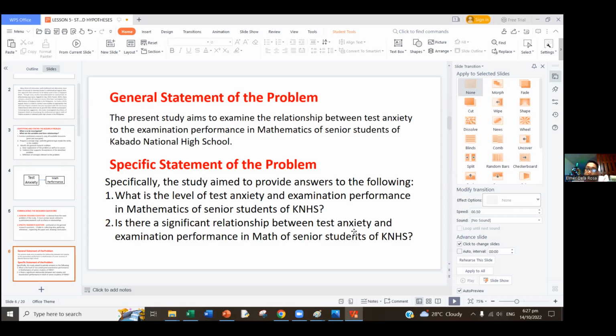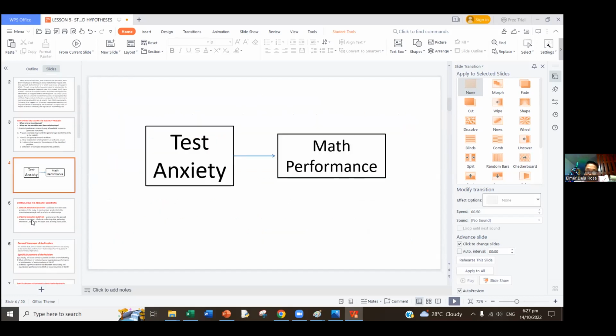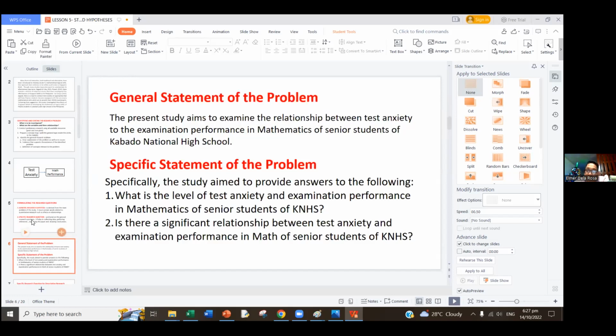So in other words, given this model, the first thing to do is to describe the IV and the DV. Kaya ang unang question natin ay, what is the level of test anxiety and the examination performance in math of senior students of KNHS.